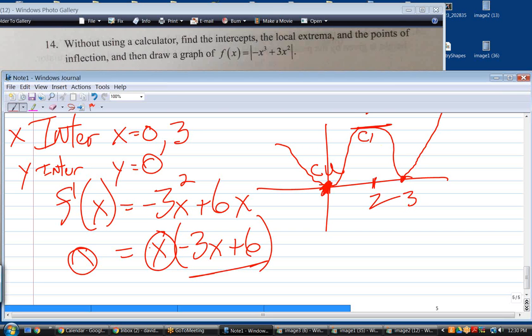Clearly here we're concave down. And we're concave up there. So there should be a point of inflection there and a point of inflection there. How do we find it? Find the second derivative, set equal to 0. Correct.